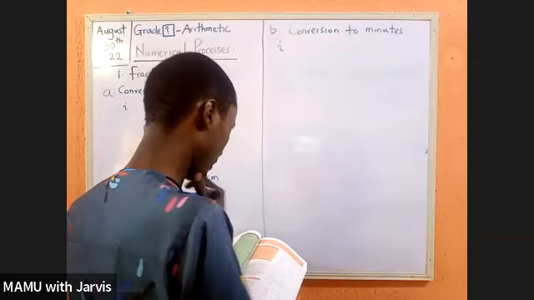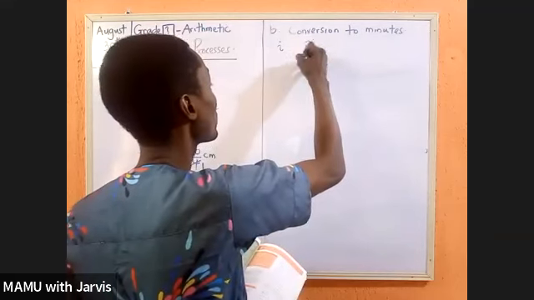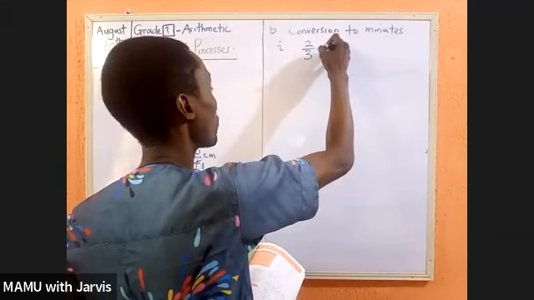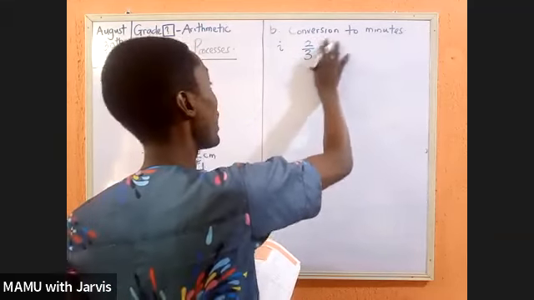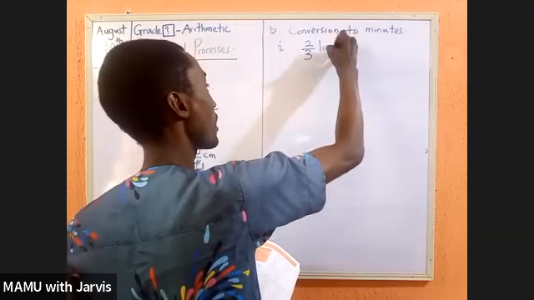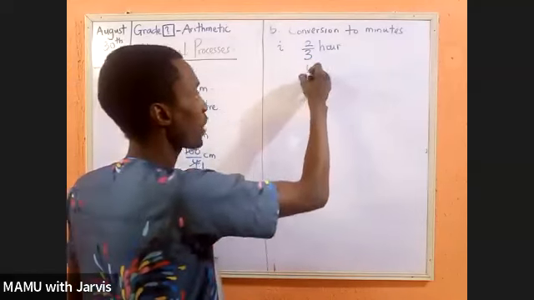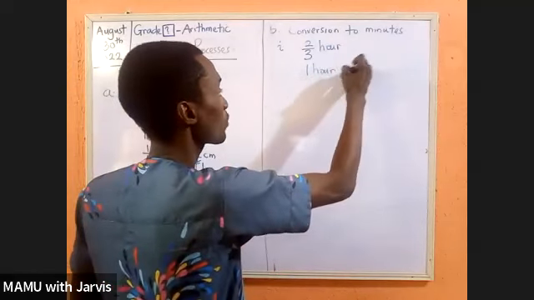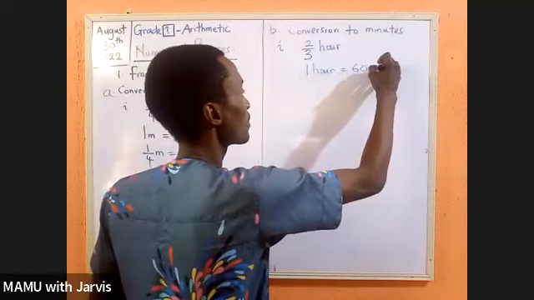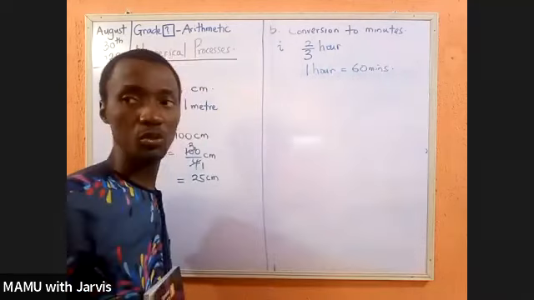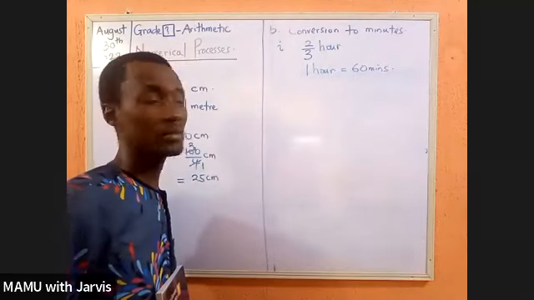We look at, let's say, 2/3 hour, or 2/3 of an hour. How do we solve this? The first thing we must remember is that 1 hour is equal to 60 minutes. 1 hour is equal to 60 minutes.